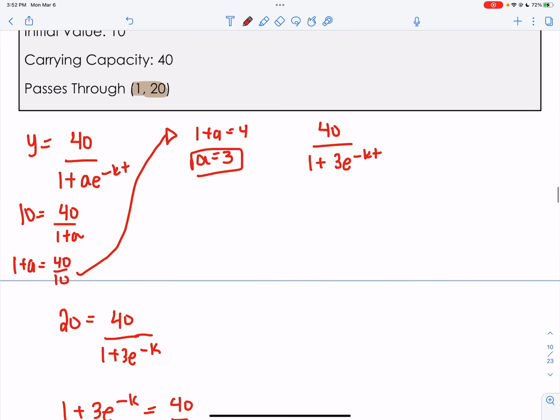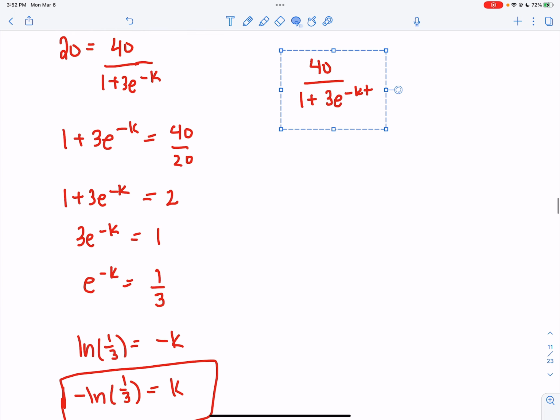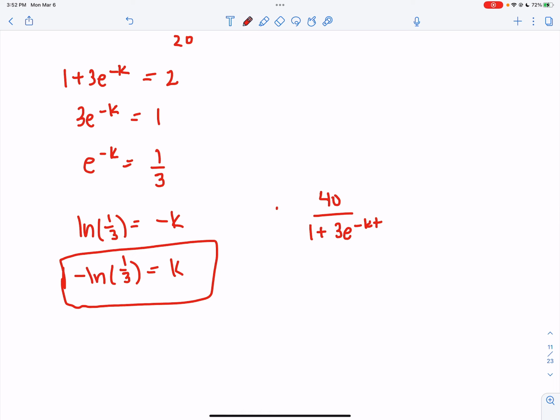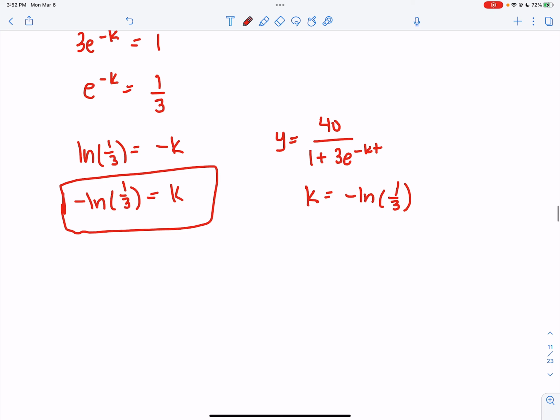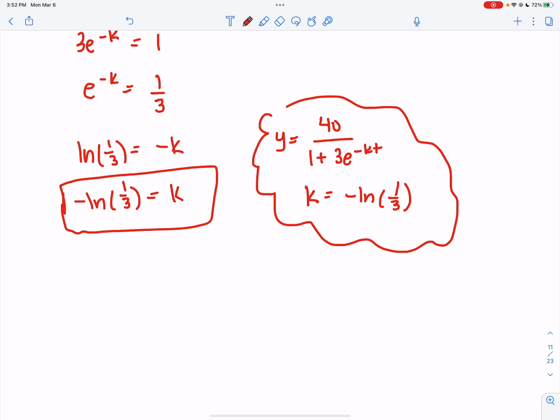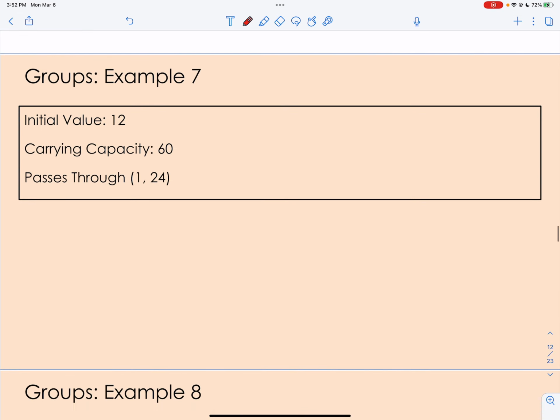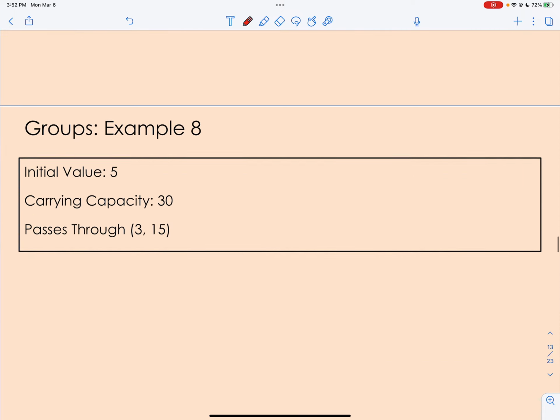So your final answer is going to be 40 over 1 plus 3e to the negative kt, where B or K is negative ln of 1/3. Answers for 7 and 8 are in the student notes folder.